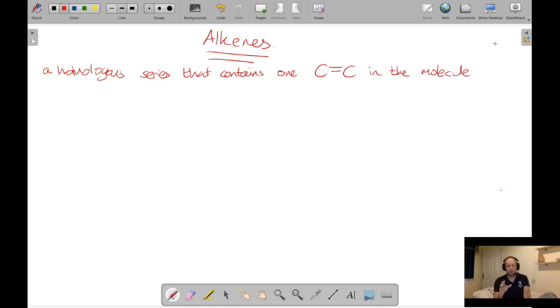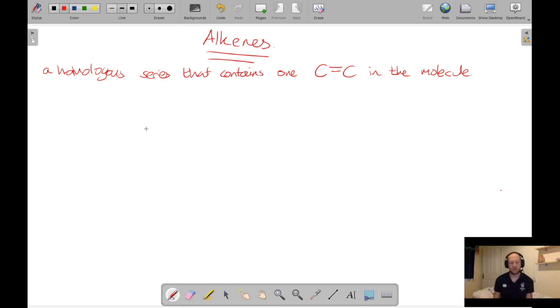So all the alkenes contain somewhere in them a C-C double bond. That's really important. And only one. It only has one double bond. If it has more than one double bond in it, it's not an alkene anymore. If it's got two, it's called a diene. If it's got three, it's called a triene, etc.